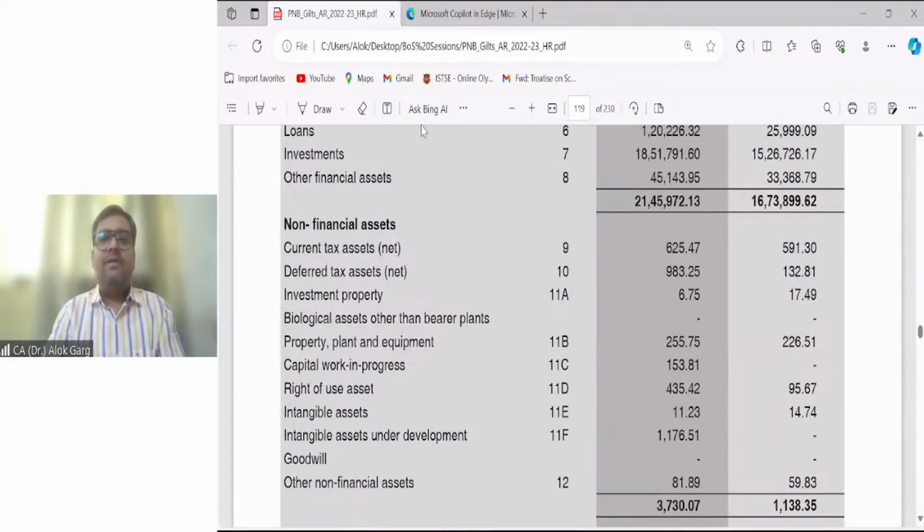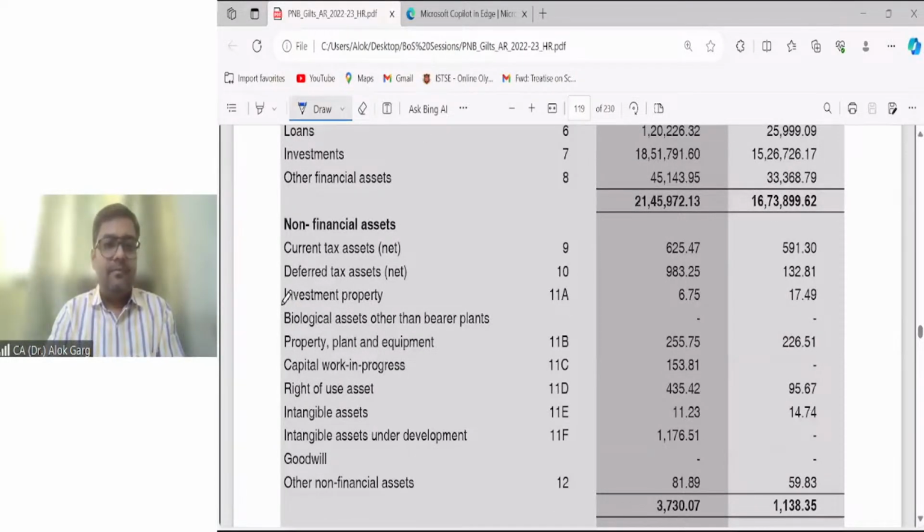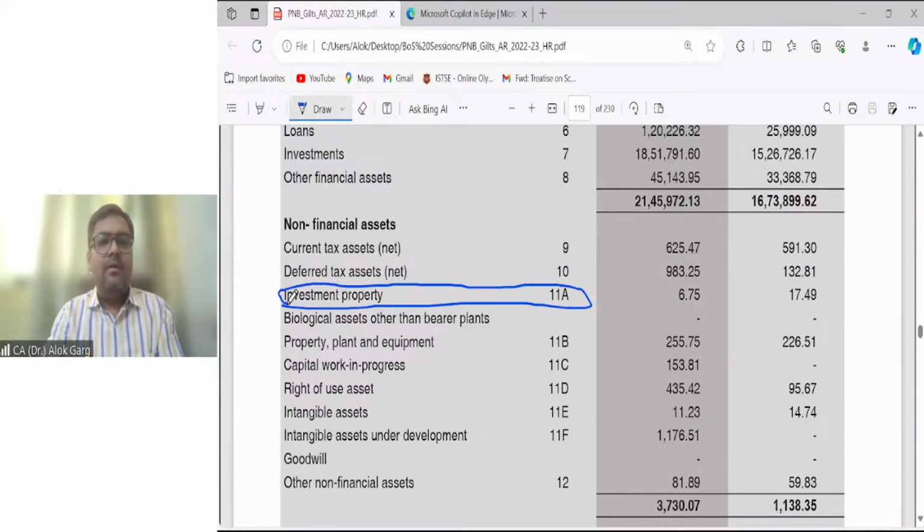Can you see this investment property? Note number 11A, investment property.